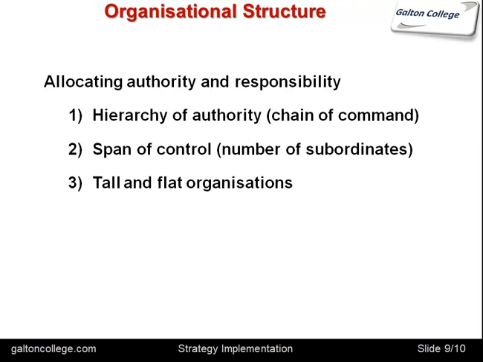So it's a much flatter organization. It's not a big hierarchy ranging from different functions all the way up to the CEO. In flat organizations, all the employees are much closer to the CEO because there are fewer levels of management between them.